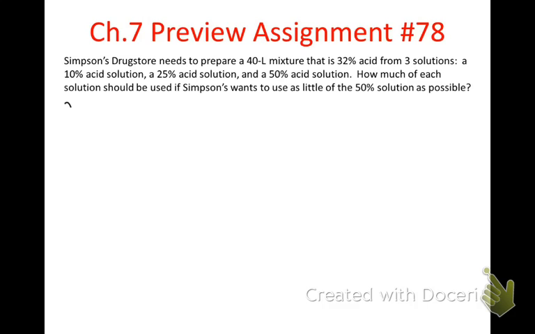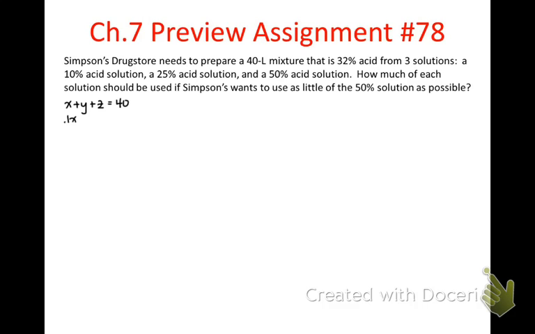Right. X plus y plus z should equal 40. Right? What's another equation you can start writing? So this equation talks about the total number of liters we're using. Now if I want to talk about the number of liters that are acid, how can I write an equation that talks about the number of liters that are specifically acid in my whole solution? 0.1x, good.